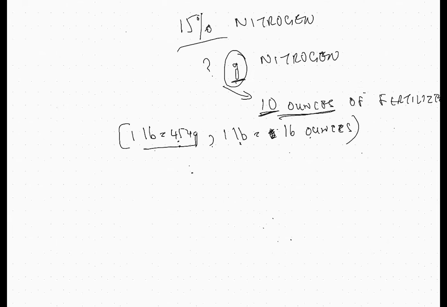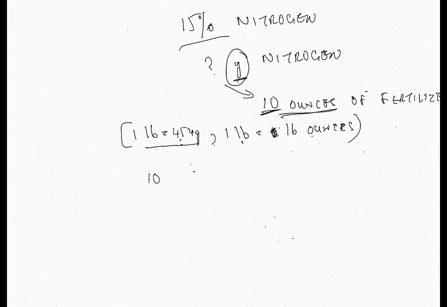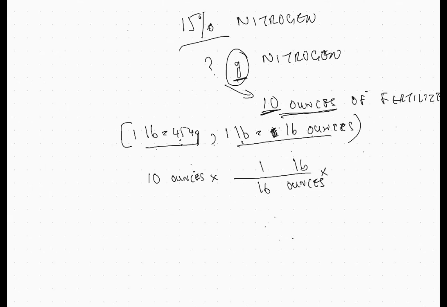To convert 10 ounces, because that's easy for you, that's what I'm doing, I'm writing the whole thing, 10 ounces, and convert to pounds. So the ratio is 1 pound is 16 ounces. Now I'm going to get rid of pounds and convert it to grams, and I have 454 grams per pound.